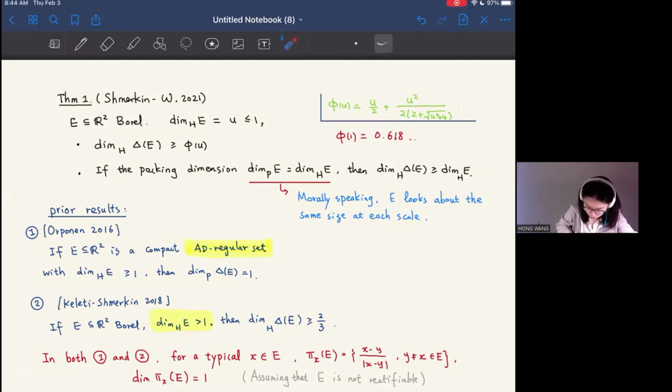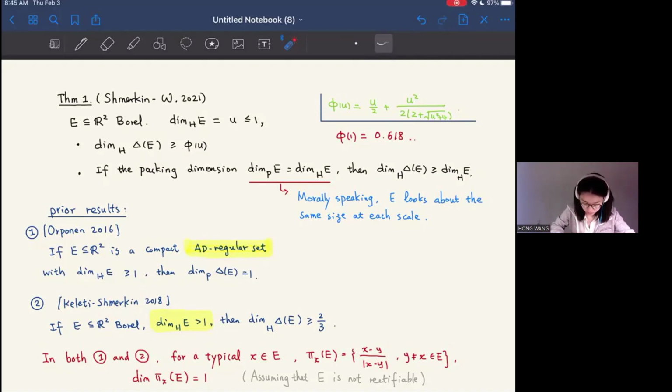We also showed that if E is special, in the sense that the packing dimension of E equals the Hausdorff dimension of E, then the Hausdorff dimension of the distance set is greater than or equal to the Hausdorff dimension of E. This is the best we can hope for, although it still remains a partial result towards the Hausdorff dimension of the distance set being greater than or equal to u.